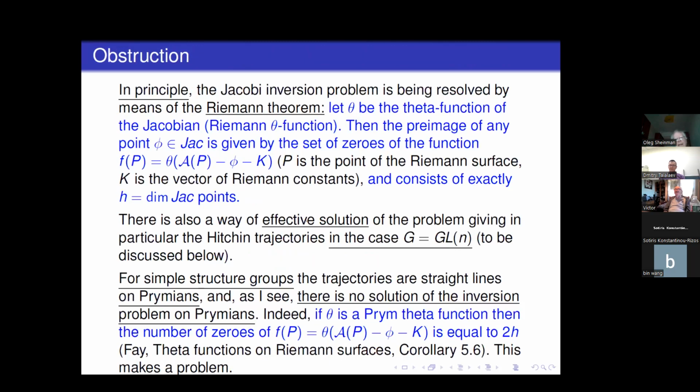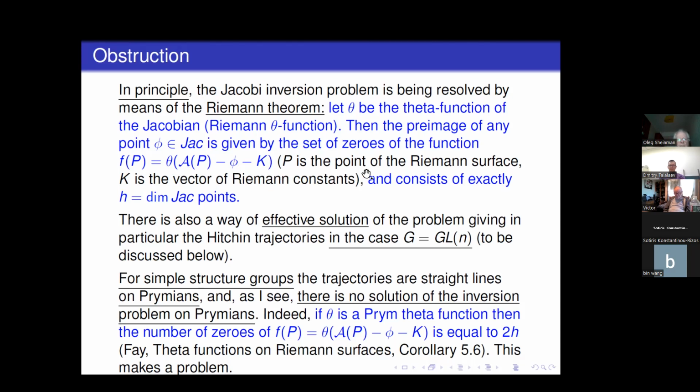In principle, the Jacobi inversion problem can be resolved by means of the Riemann theorem. If theta denotes the theta function of the Jacobian, or Riemann theta function, then the preimage of any point of the Jacobian is given by the set of zeros of a function constructed by means of the theta function, the Abel transformation, and Riemann constants.